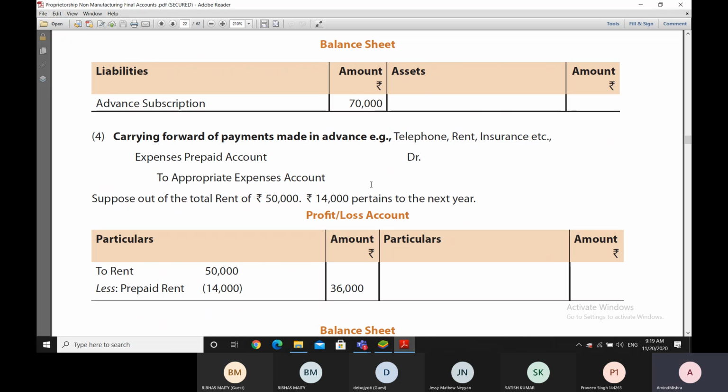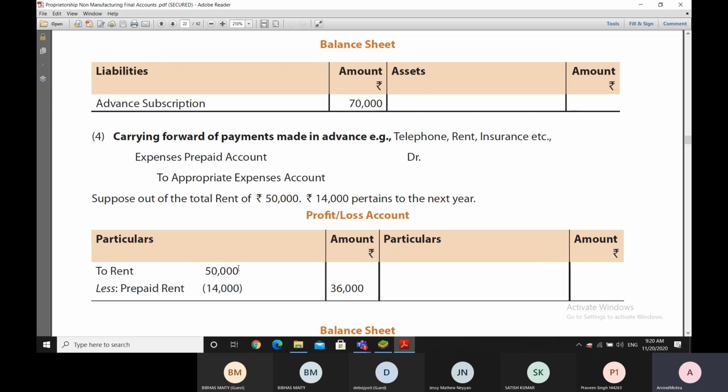And since those payments are not related to that particular year, we need to reduce them from the expenditures of this particular year. Let's say we have made a payment of rent. At the time of making the payment of rent, we have already debited the rent account and credited the bank account, and later on we have transferred this rent account to the profit and loss account also by debiting the profit and loss account and crediting the rent account.